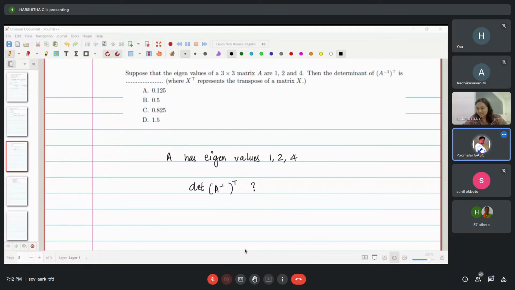The inverse of matrix A has eigenvalues 1 by 1, 1 by 2, 1 by 4. The transpose has the same eigenvalues. That's why the product of eigenvalues is the determinant of A inverse transpose. So 1 by 8 is the answer. That is 0.125. Perfect. Now, let me write what you are saying.